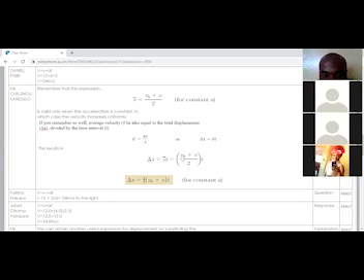Here we say this is displacement: displacement equals the average velocity times the time.